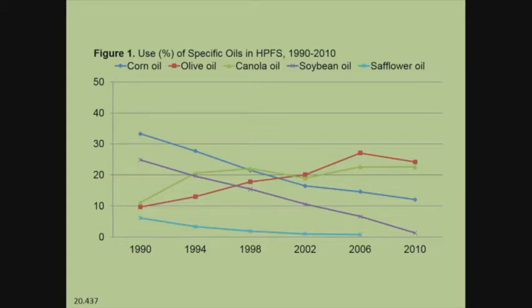But one thing to keep in mind, even if you have absolute perfection of measuring diet this week or even this year, that's not going to be perfect information for a long-term follow-up study, because the food supply is changing and people's preferences in diet are changing. So this is just what's happened to intake of 4 major sources of fat in the diets of the men in the Health Professionals Follow-up Study from 1990 to 2010.